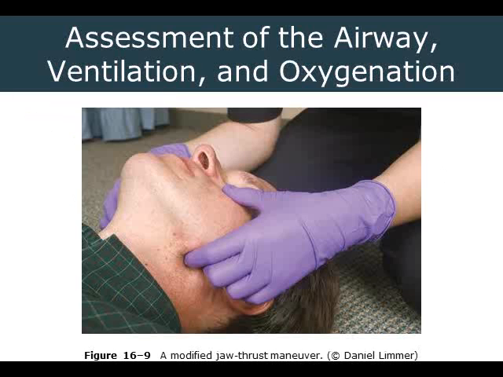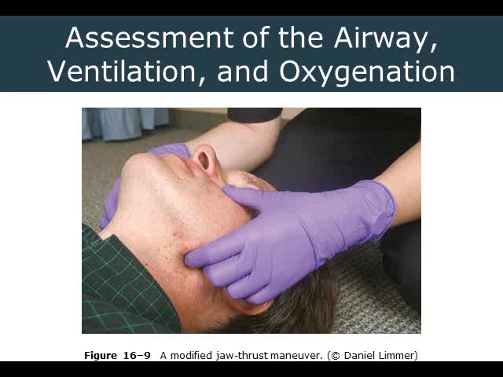So, starting out with some of our mechanisms here, we're going to talk about a variety of maneuvers that we can perform on our patients. If we're having a lack of decent respiratory effort, we may have an airway issue, so we may try a modified jaw thrust or a head tilt chin lift, depending on that patient's condition.